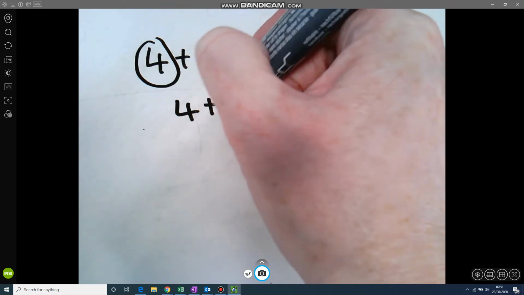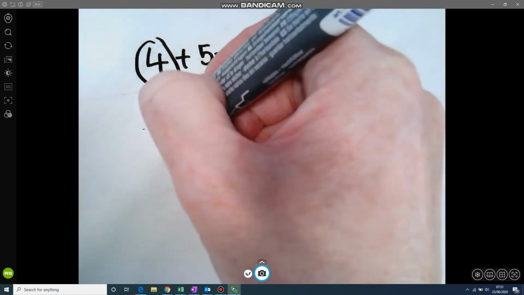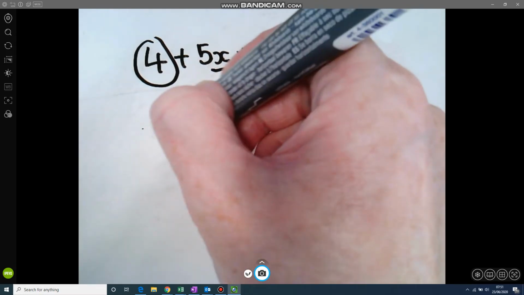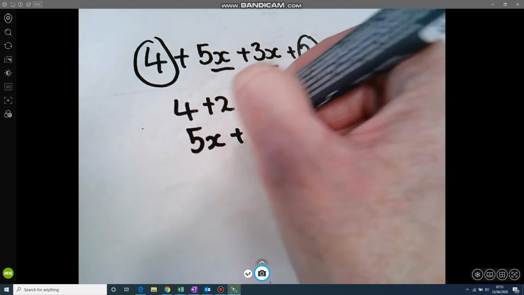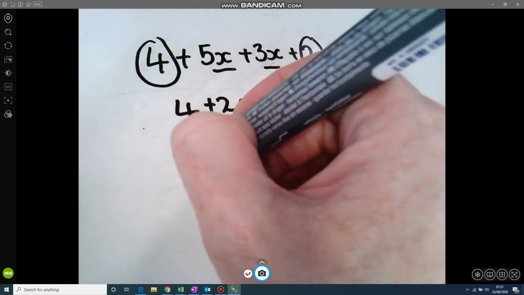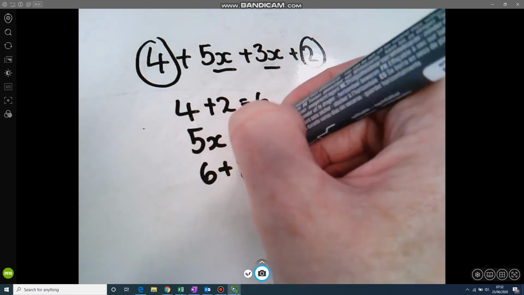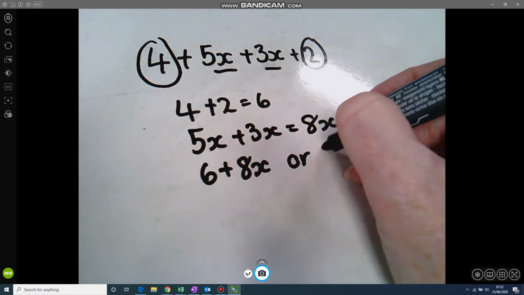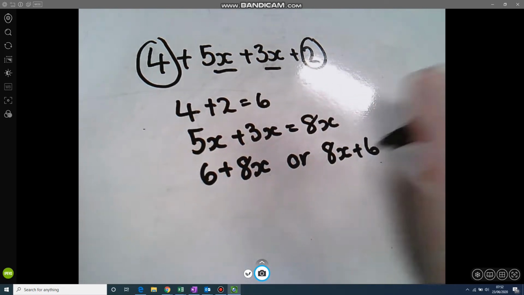So 4 plus 2 equals 6. And then I'm going to go for my 5x and my 3x, so 5x plus 3x equals 8x. So I end up with 6 plus 8x, which you can write as 8x plus 6.